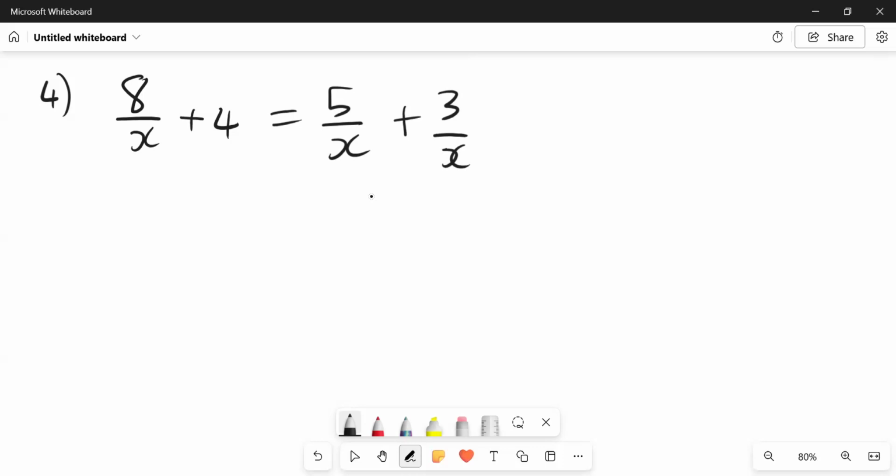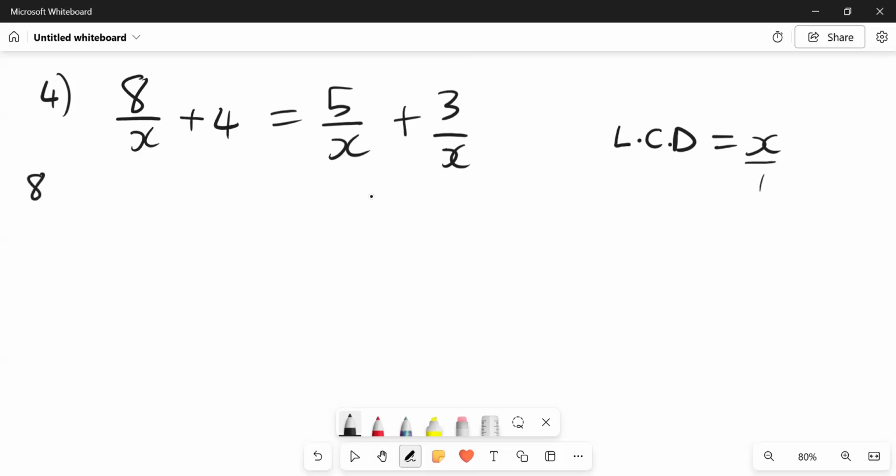So the first thing that you have to do here, you look for the LCD. We call it lowest common denominator. That's x over 1. And then the next step, you multiply everything on your equation by x.